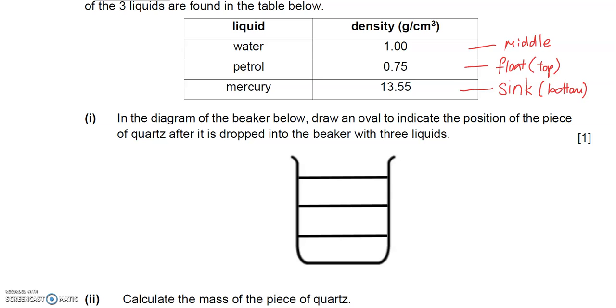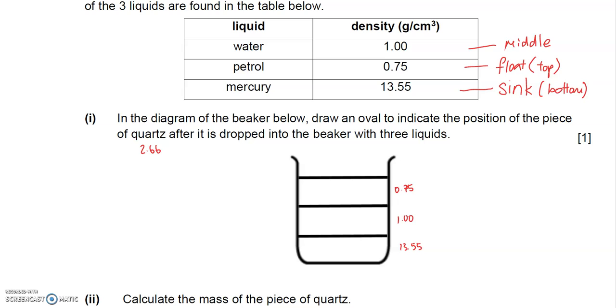This layer here is 13.55, this is 1.00, this is 0.75, from the bottom to the top. Thus our quartz, which is 2.66, should be able to sink down past our petrol, down into our water layer, but it is not dense enough to sink all the way to the bottom.